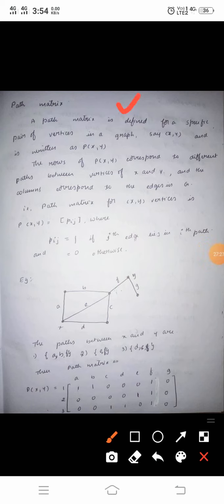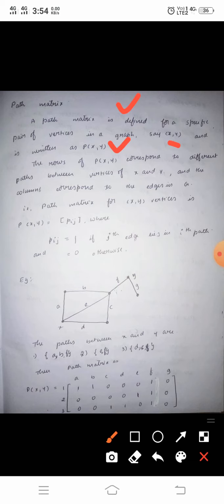A path matrix is defined for a specific pair of vertices in a graph, say x, y. If x and y are two vertices, then its path matrix is written as P of x, y.